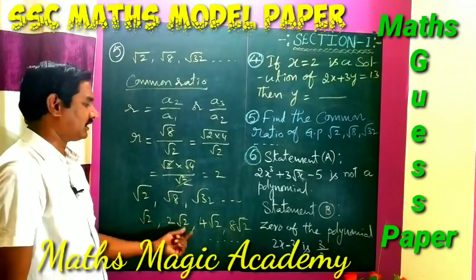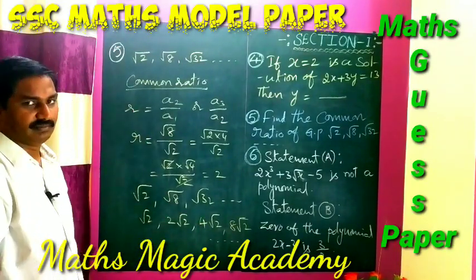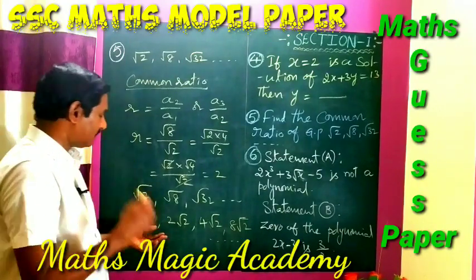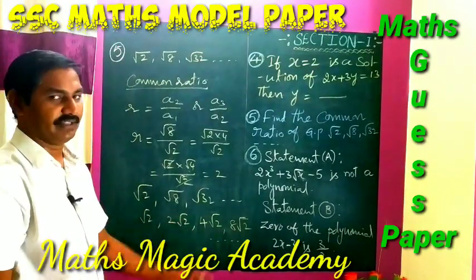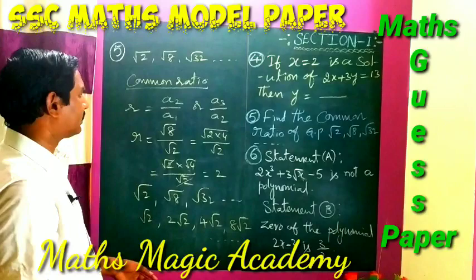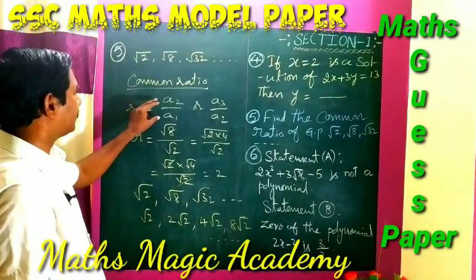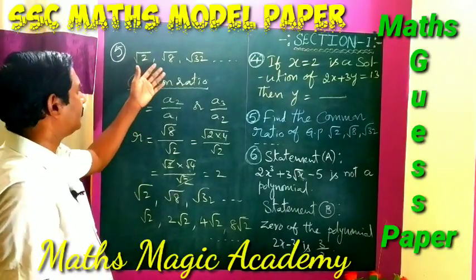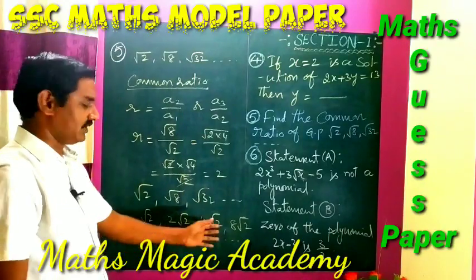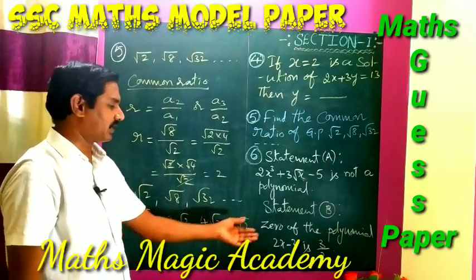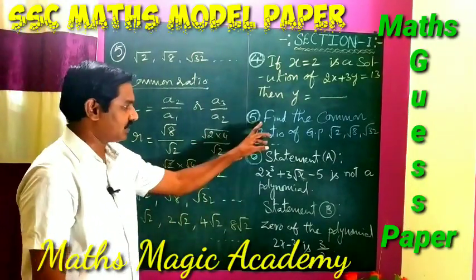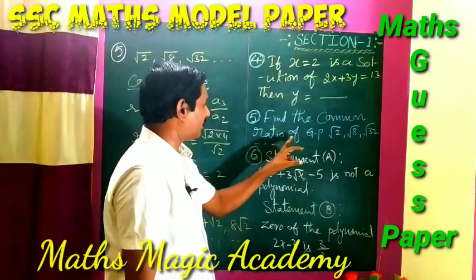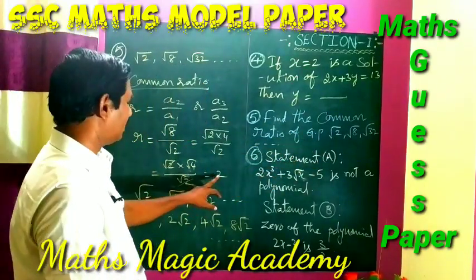So that 2 is nothing but the common ratio. Like that also, by thinking logically, we can find the answer. If you are unable to think logically, then you can go for the first method. If you are able to think logically, then definitely you can go for this method, so that you are going to get the answer. Okay, so the common ratio of the GP is 2.